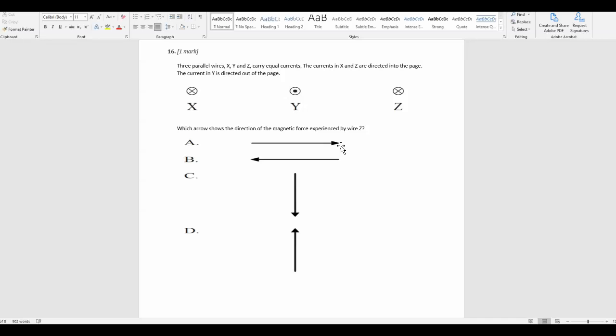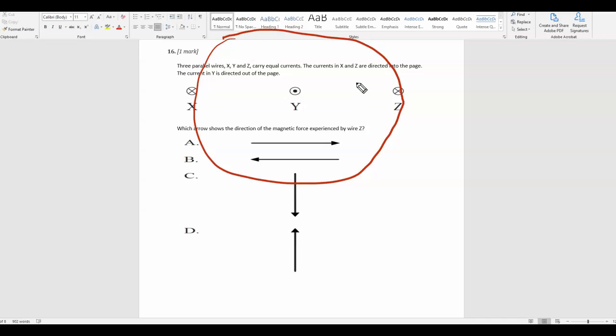So what is the direction of the field at wire Z due to wire Y? If you use right-hand rule number 2, you put your thumb out of the page because the dot represents out of the page. That field would look something like this, and it would be going clockwise.